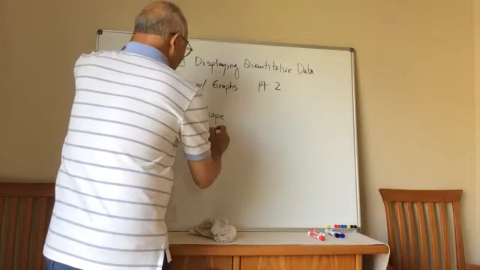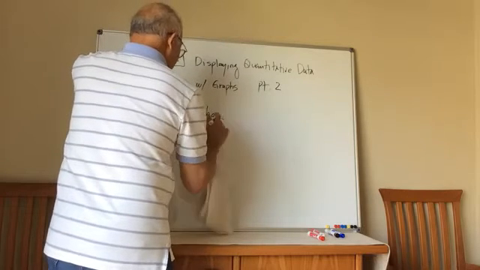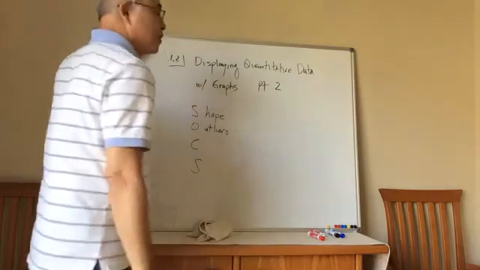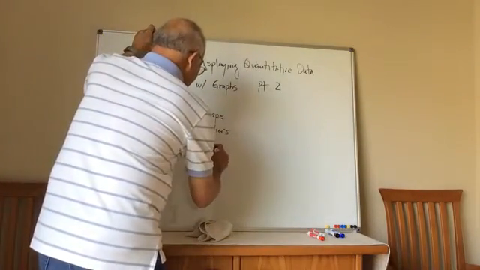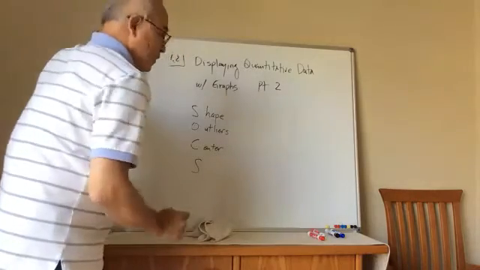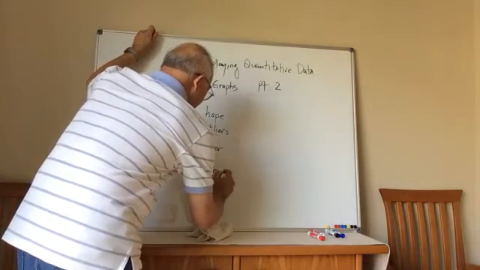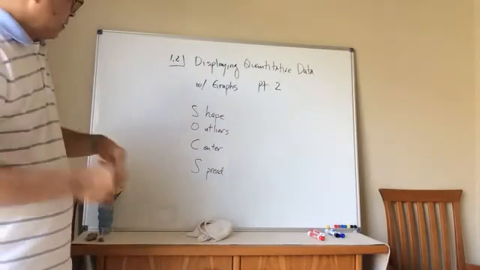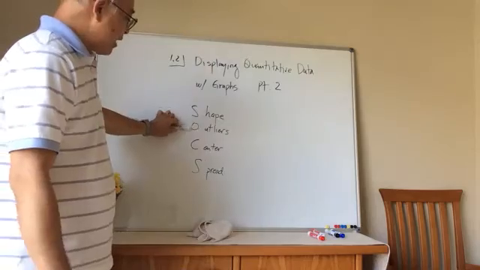You have to talk about the outliers, whether there appears to be any outliers or not. C is the center. Then S is the spread, or the range, or the variance, or whatever you want to call it. So it's the shape, outliers, center, and spread.